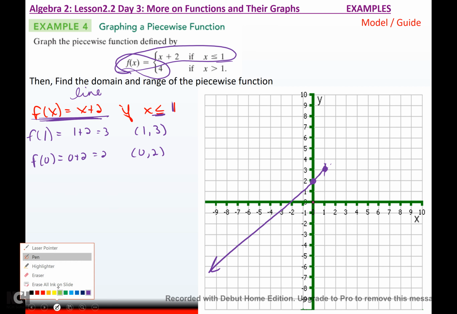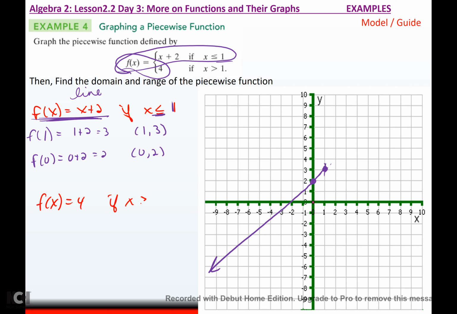Okay, so the second one they want me to graph is f of x equals 4 if x is greater than 1. Again, this is a horizontal line. You can pick values greater than 1, like 2, but there is no x here, so I don't care what you pick, you're going to get 4 every time.